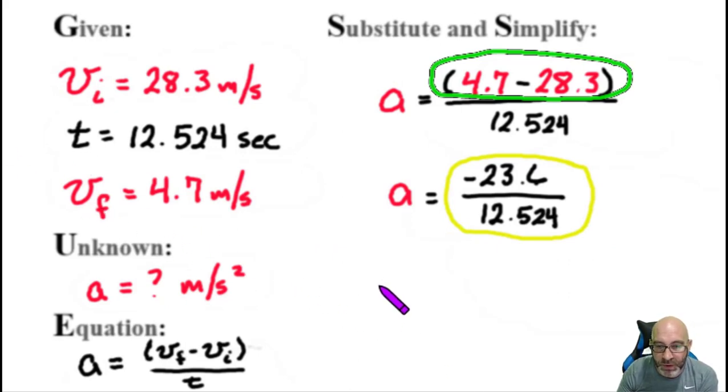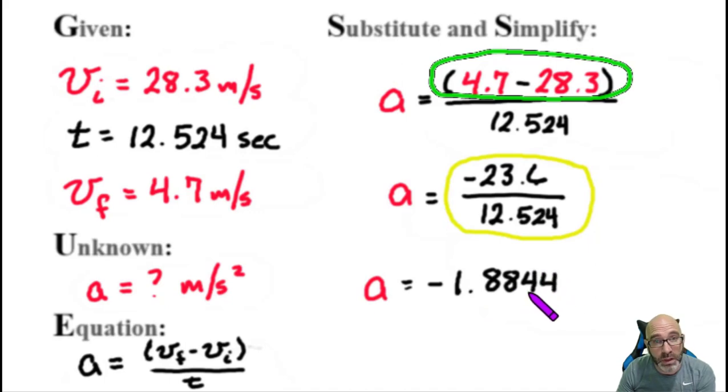And when I complete that calculation, I get acceleration equals negative 1.8844. But I need to include units, and it's right here: meters per second squared.